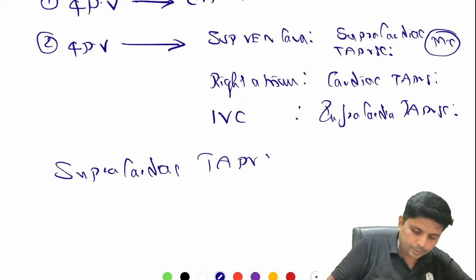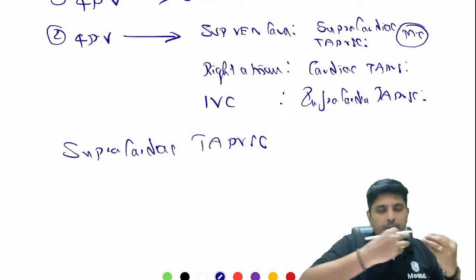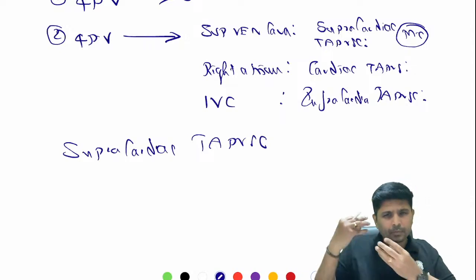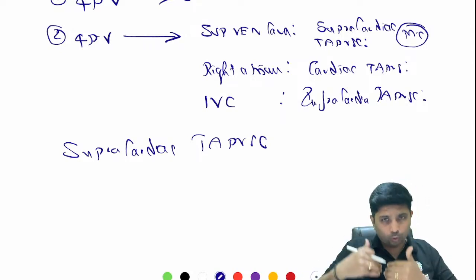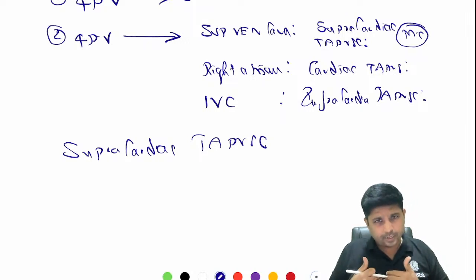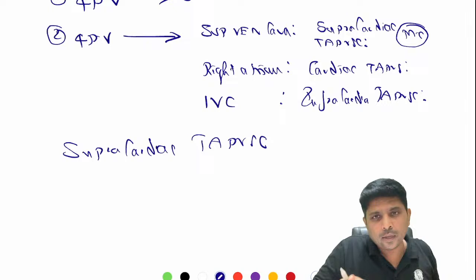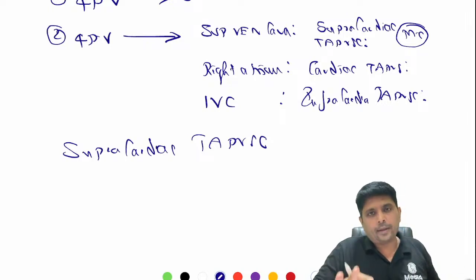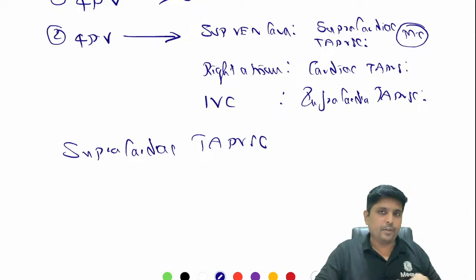So what is the manifestation of supracardiac TAPVC? Very simple. All pulmonary veins come to the superior vena cava, and from the superior vena cava it goes to the right atrium, and from the right atrium it goes to the left atrium through a large ASD. So you will have ASD-like murmur.